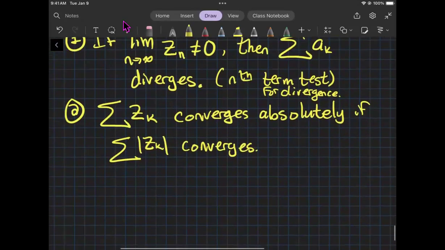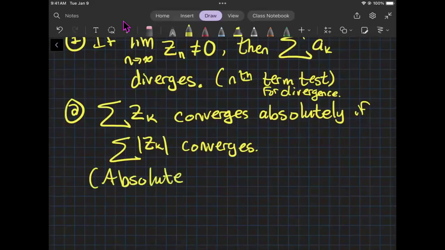And then absolute convergence implies convergence.